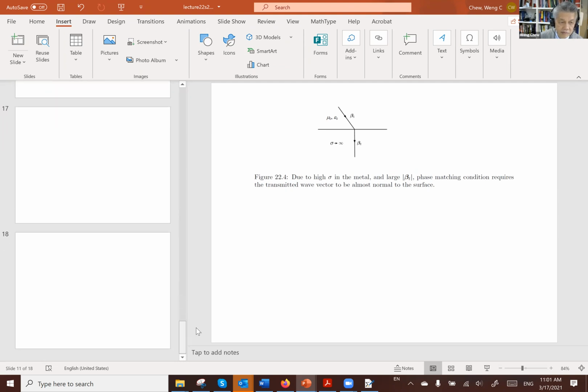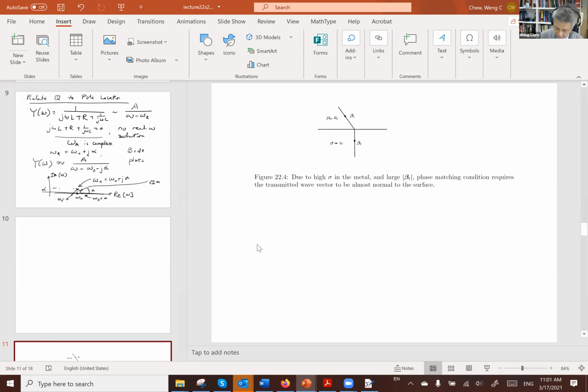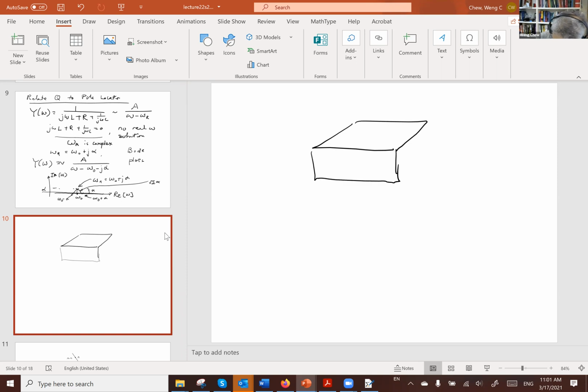I don't have any more equations there, but what happens is that I'm going to use a perturbation concept. If I have a cavity, I can find the E field inside the cavity and the H field inside the cavity in closed form.